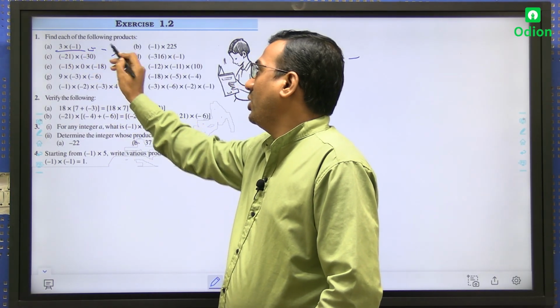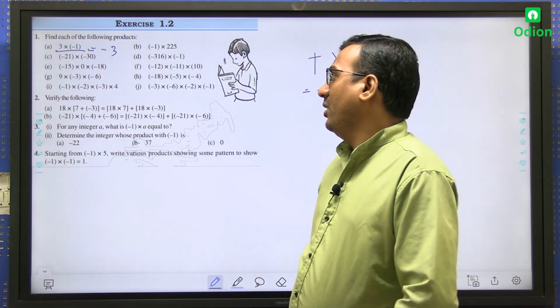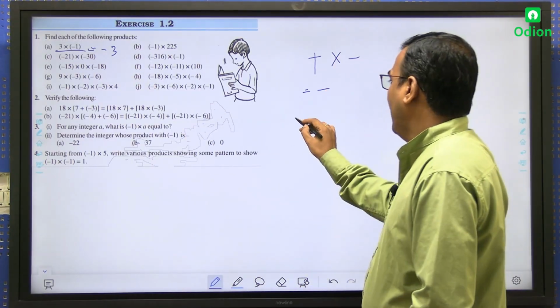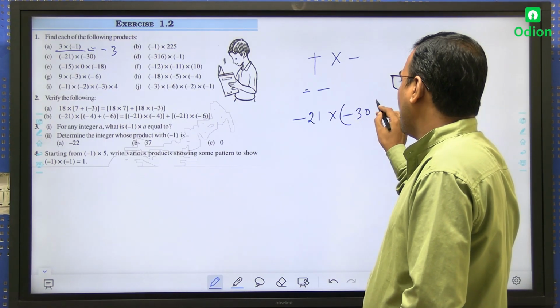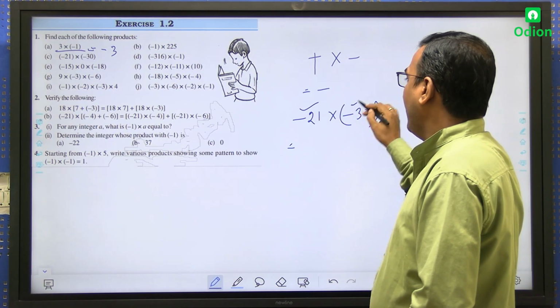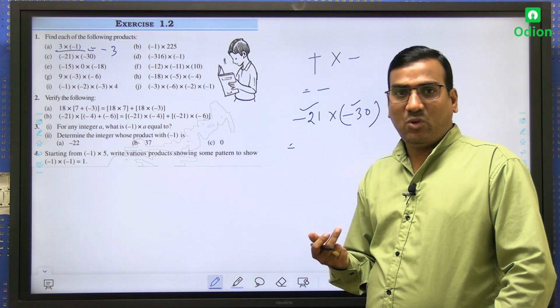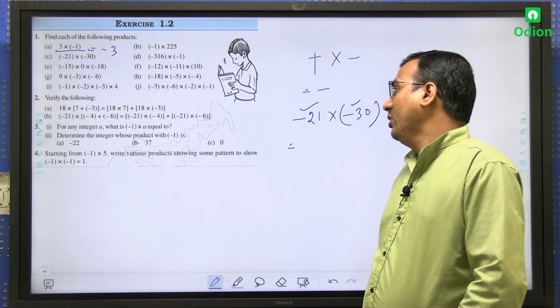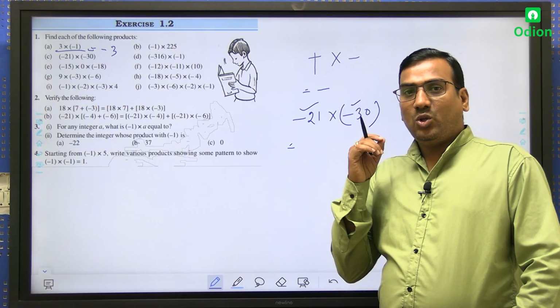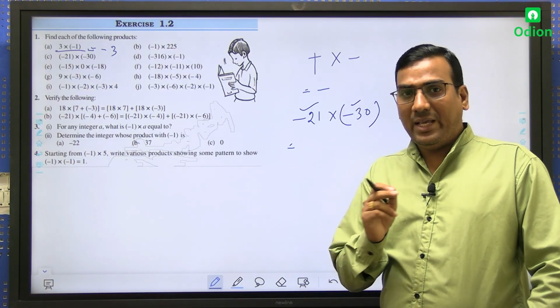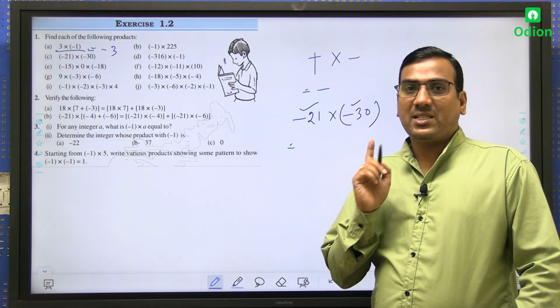3 into 1 is 3. Then go for the second: -21 into -30. It is so easy, students. Both are in negative form. As I have discussed with you, any multiplication of two negative symbols always results in a plus symbol.